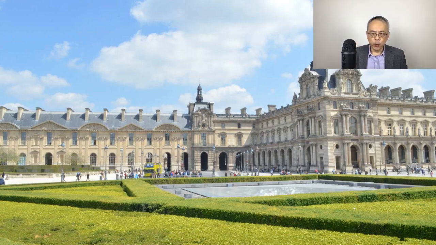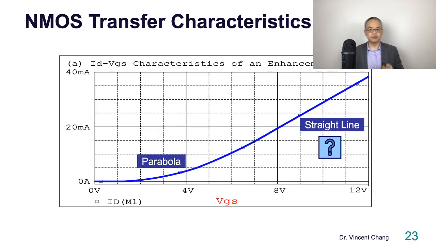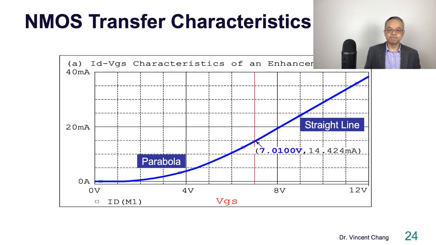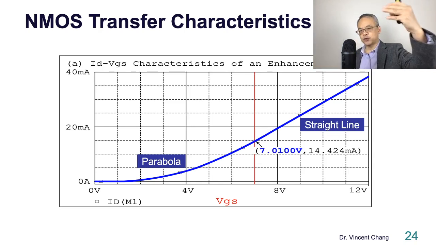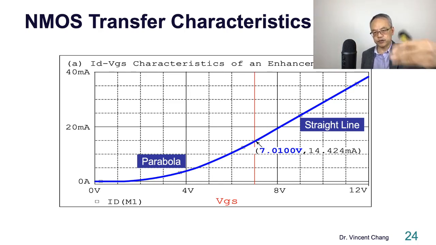All right, what happened? Why does the parabola turn into a straight line? If you look deeper, there's a boundary. The interface between the parabola and the straight line is easy to find if you do the simulation. You tell the computer, you just probe, right?